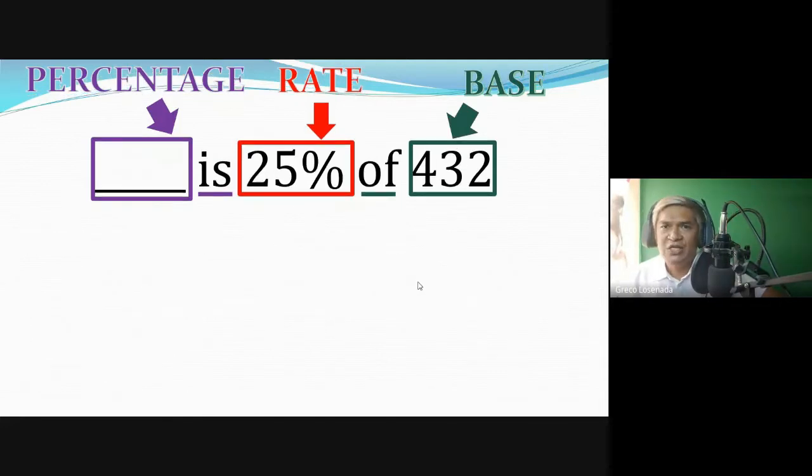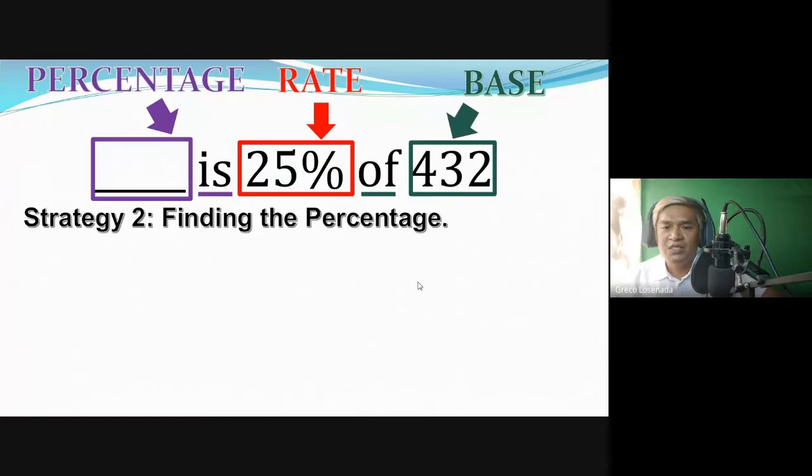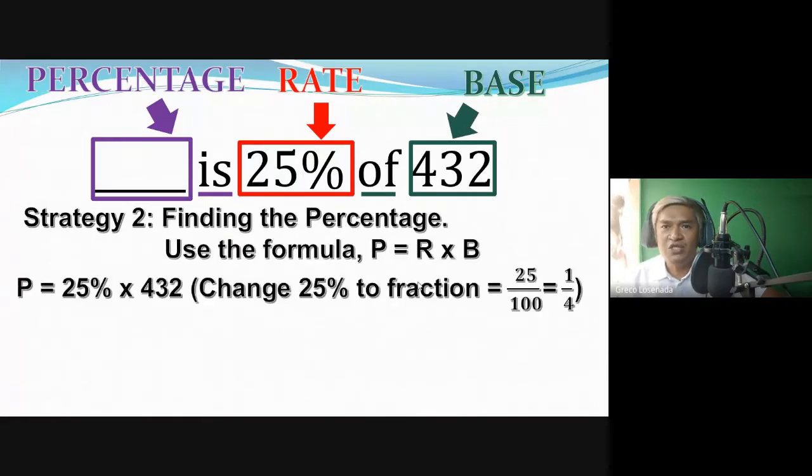Now let's try to solve again this mathematical statement using strategy 2. Using the same formula, but this time we are going to change 25% to fraction. So 25% converted to fraction is 25 hundredths. Then we have to get the lowest term.